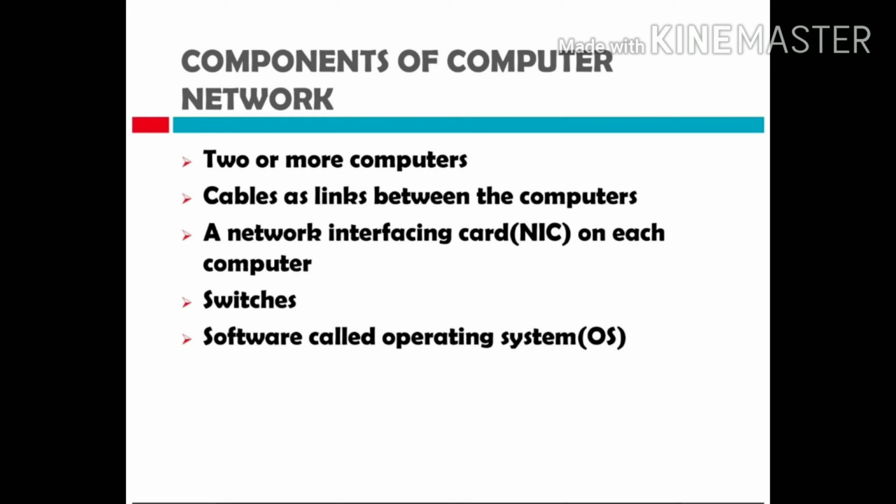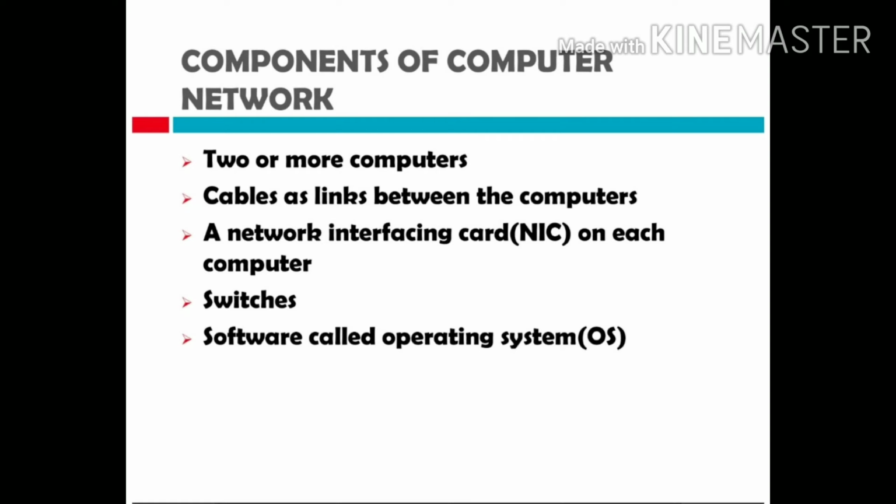Third is a network interface card, that is NIC, on each computer. It should be mandatory. Fourth, switches should be there. And the last is software called the operating system, that is OS. So these are the components basically required for computer networking.